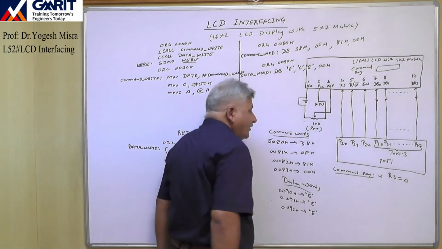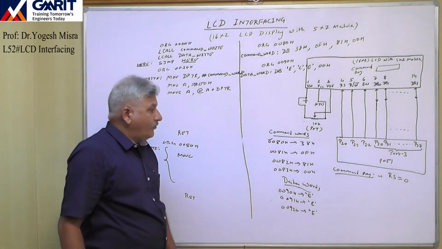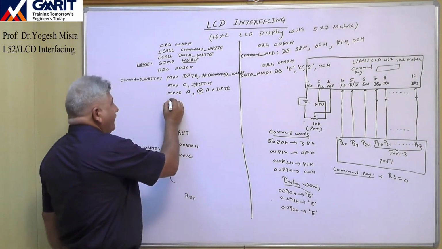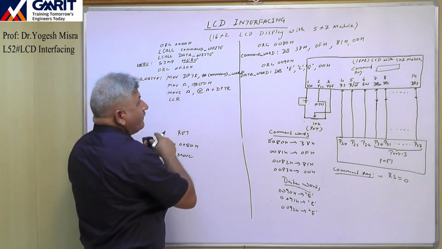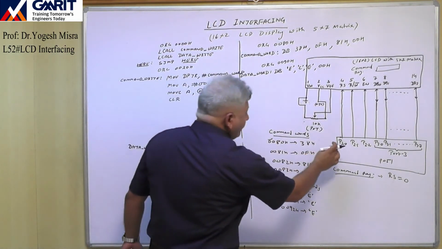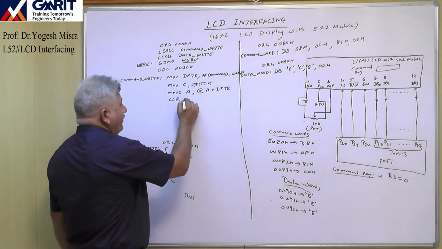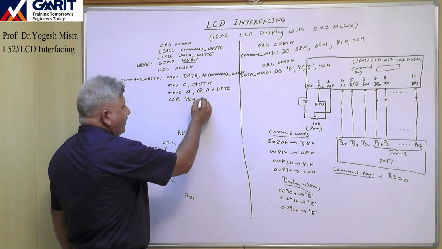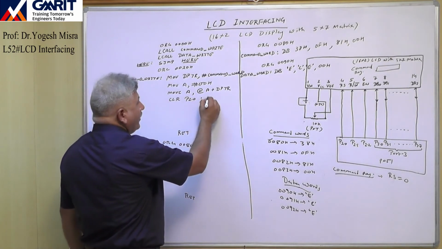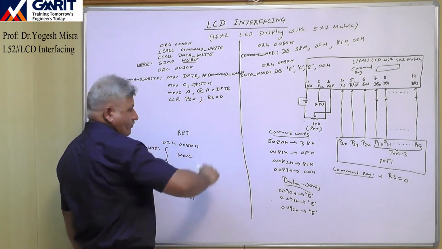We will make that pin 0 by adding the instruction CLR, this is connected to pin 2.0, CLR P2.0. Comment I will write here: RS is equal to 0.